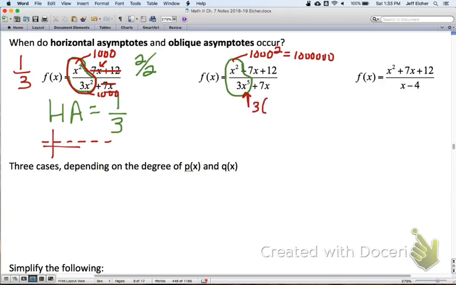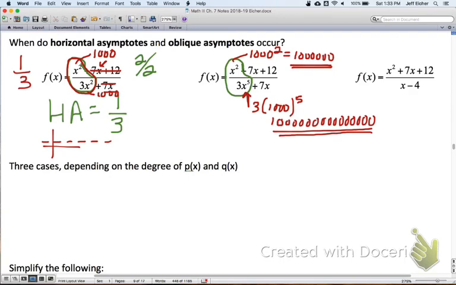You do 3 times 1,000 to the 5th. Oh boy, that's a lot. That would be this many zeros. 1, 2, 3, 4, 5, 6, 7, 8, 9, 10, 11, 12, 13, 14, 15. I think you'd have 15 zeros. So yeah, sure, that's a big number, but this is huge compared to that.